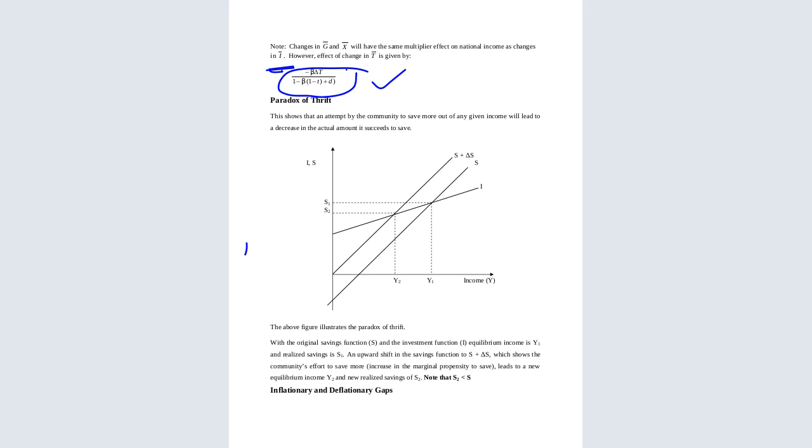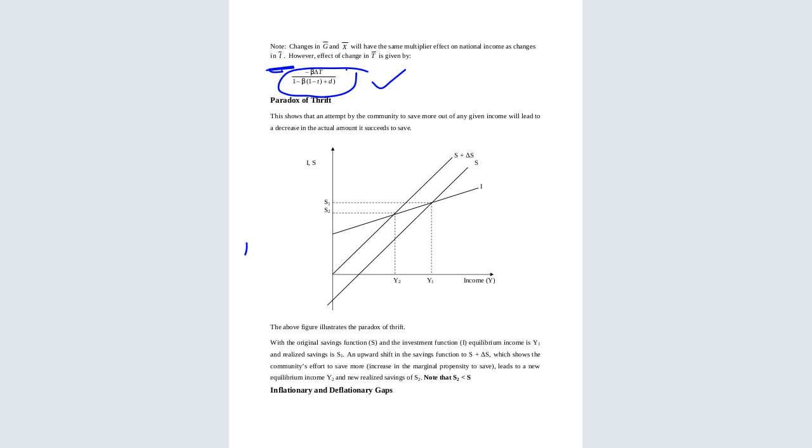Now we can move on to something else, which is the paradox of thrift. So what is the paradox of thrift? The paradox of thrift simply shows that an attempt by the community to save more out of any given income will lead to a decrease in the actual amount it succeeds to save.